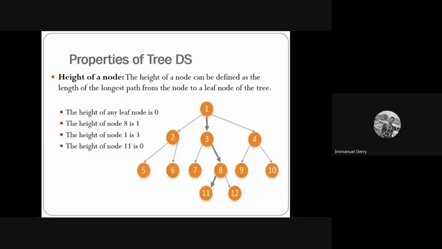For example, if they say we should find the height of the root 1, you come down to the leaf 11, and then we go up to 8, and then from 8 we go to 3, and then we go up to 1 to get the height.